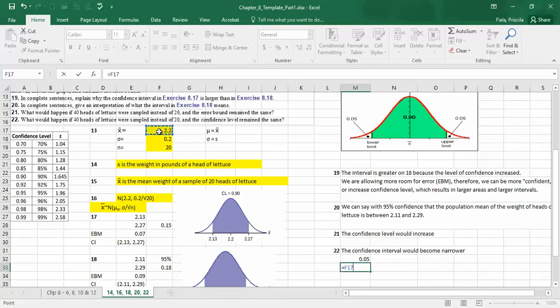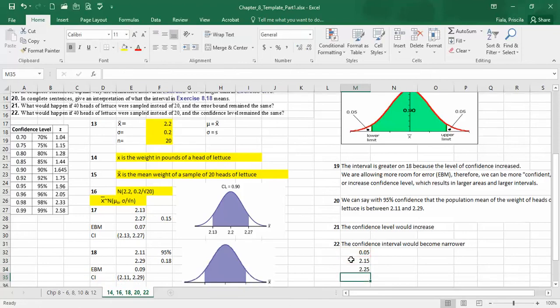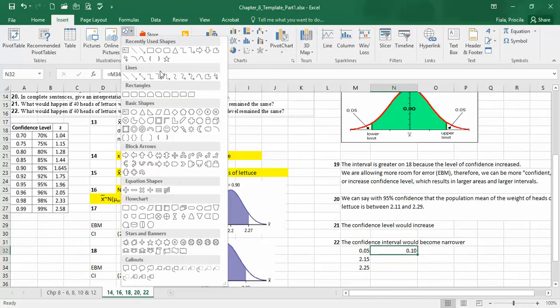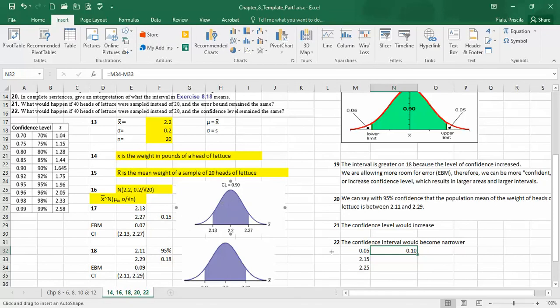Let's do this minus this, and this plus this. Can you see now? Let's do the upper minus the lower. Now we went from 18 to 10.